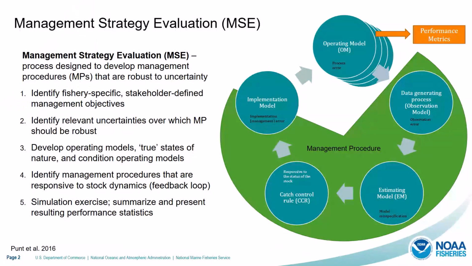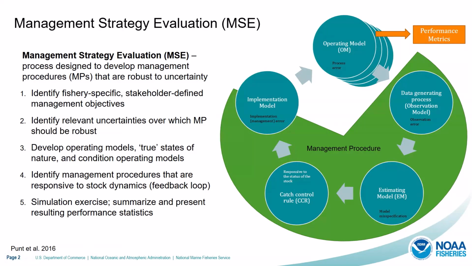I'll start by offering a friendly refresher on management strategy evaluation, which is a process designed to develop and stress test management procedures, making sure that they're robust to uncertainty. As Andre Punt and colleagues' best practices guidelines dictate, there's 5 steps to conducting an MSE.